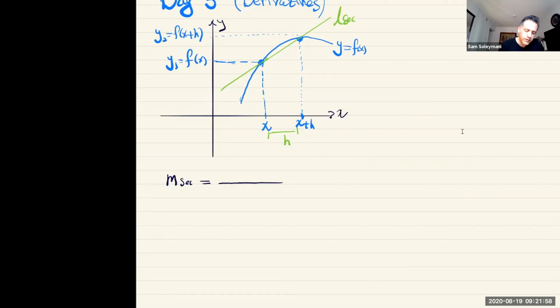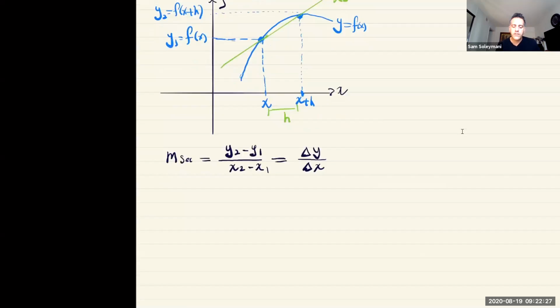So you do y2 minus y1, divided by x2 minus x1, the slope of a line. The top part is called delta y, and the difference between x's is delta x. Very important notations in mathematics, these deltas.